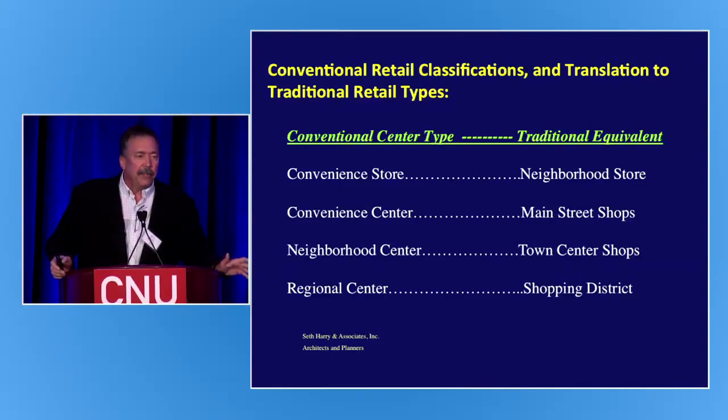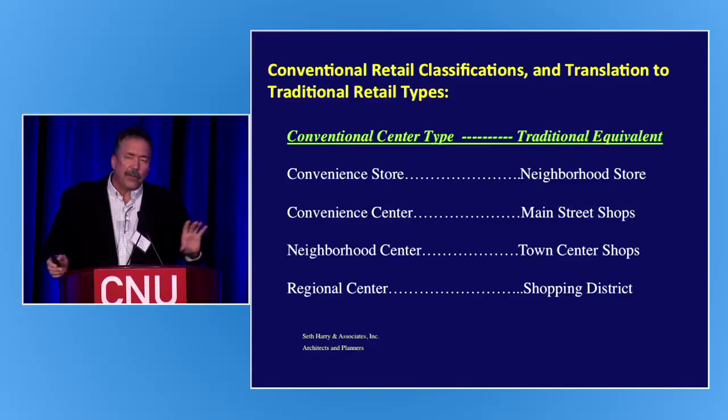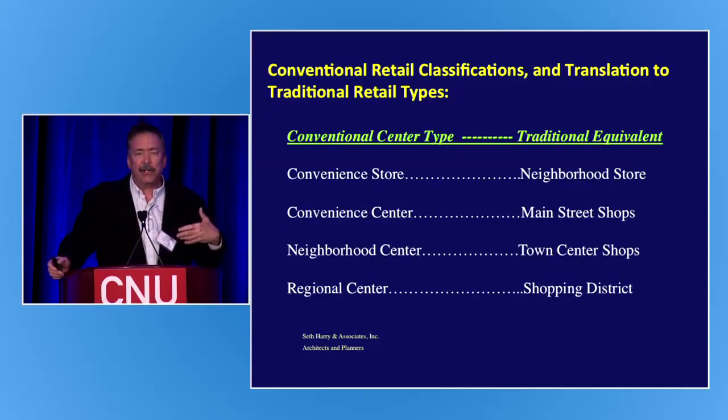But they existed before shopping centers were invented, which came into being about the 1920s. So these are the equivalents, if you will, in translating how you think about these things in a new urbanist context. A convenience store, for instance, in a suburban context would be the neighborhood or corner store in a new urbanist community. A convenience center would be the equivalent of Main Street shops.